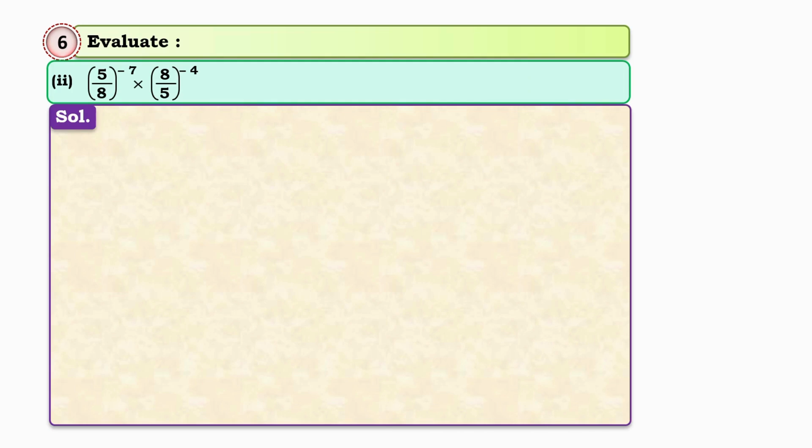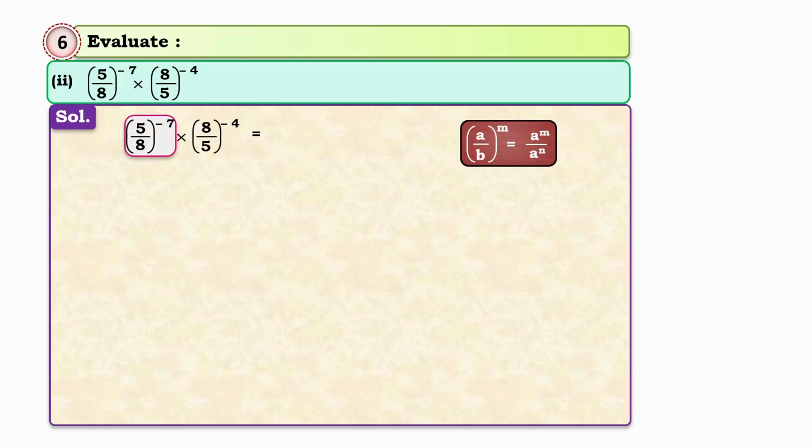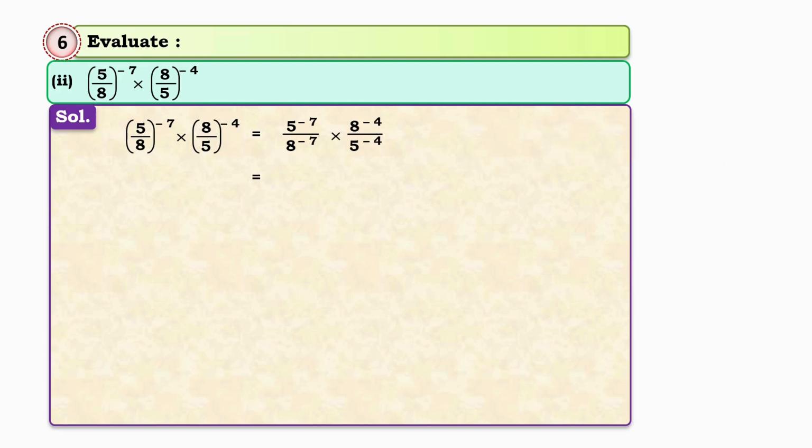Now (5 by 8) to the power minus 7 into (8 by 5) to the power minus 4. Here we need to first apply (a by b) to the power m equals a to the power m by b to the power m. Using the same law, we are going to split this. We can see that, whichever is highlighted, both have the same base.